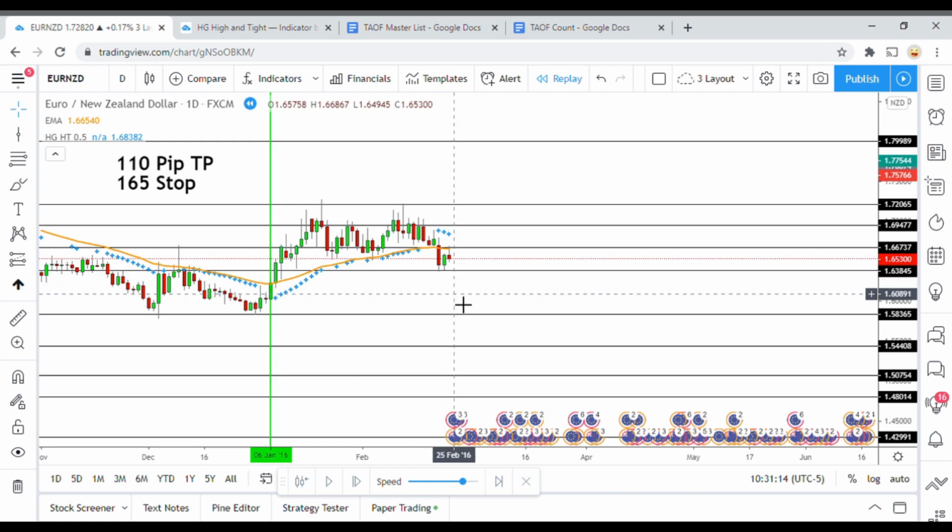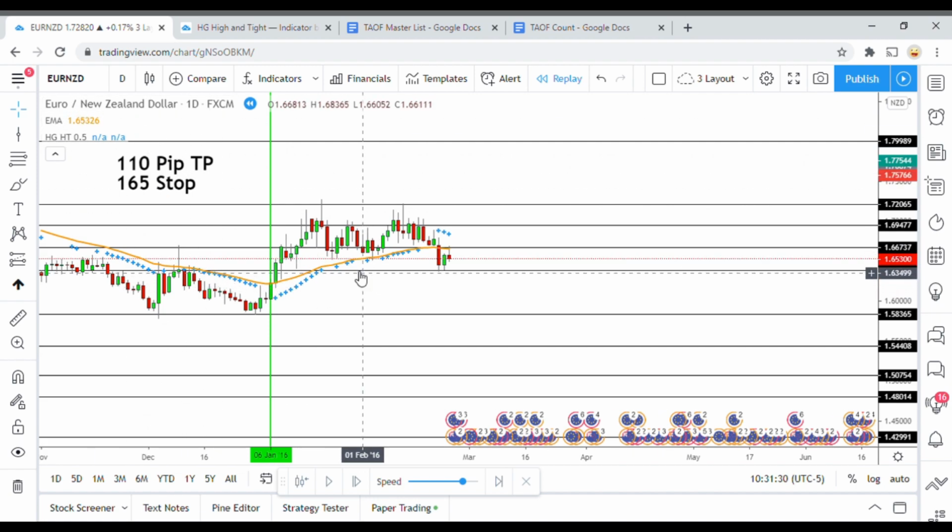All right, and there we go. You'll notice that the high and tight, I think I called it a high and low a moment ago, is working really well with this moving average.